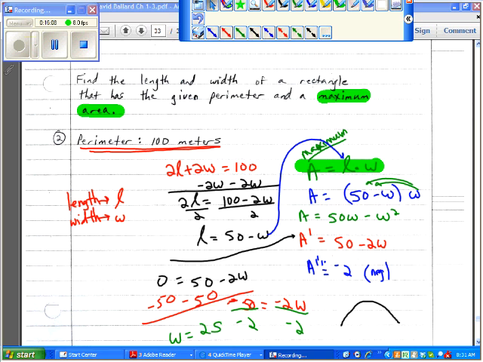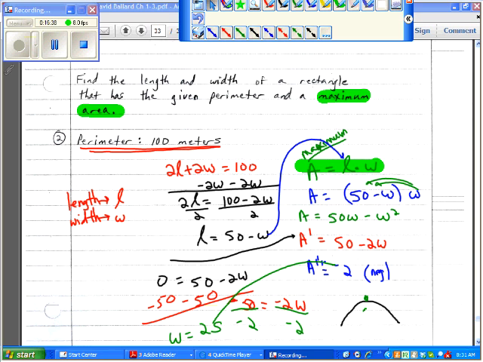Now that's my critical number. If we were to plug the 25 into the second derivative, well, the second derivative is constantly negative, so that means at that critical number, 25, it's definitely going to be a maximum because the whole thing is concave down. So we can maximize the area with the width of 25.